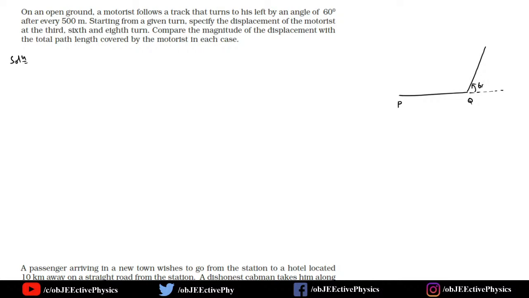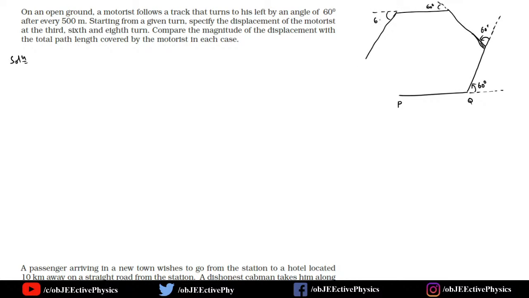Again 500 meters traveled. Then again he takes a turn of 60 degrees, and here 60 degrees. So it is a regular hexagon.